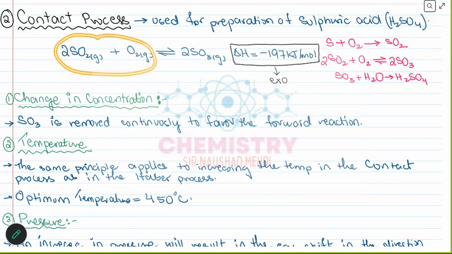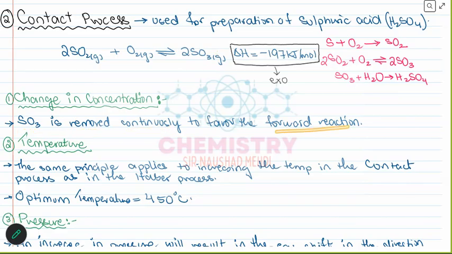Either you increase the concentration of reactants to go forward, or you continuously withdraw the sulfur trioxide gas. You continuously decrease the concentration of sulfur trioxide gas to bring the reaction in the forward direction. That's all. So SO3 is removed continuously to favor the forward reaction.